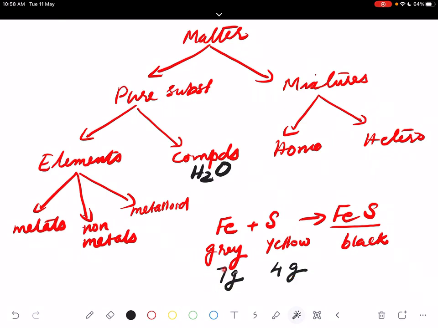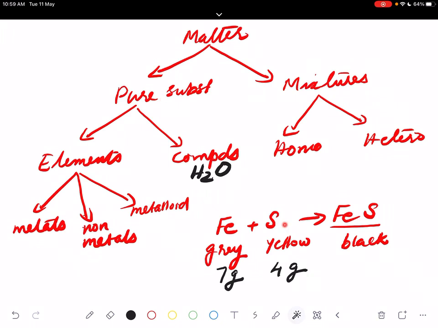If you are taking 3.5 gram of iron, then you need only 2 grams of sulfur. Means the whole number ratio is 7 is to 4. And the compound has got entirely different properties as compared to these elements. So what is the definition of a compound? It is a pure substance. See, compound is a pure substance containing two or more elements.